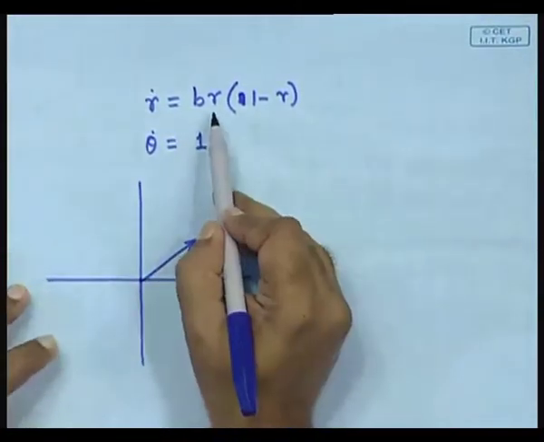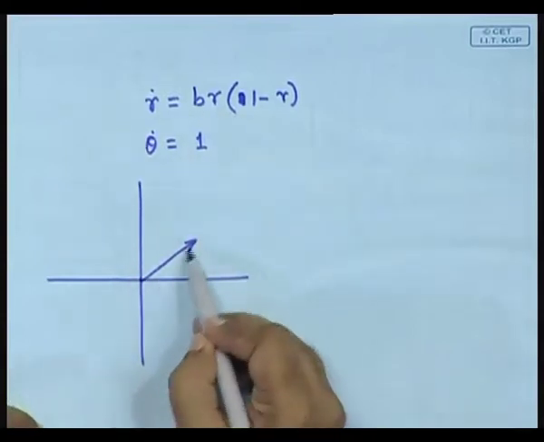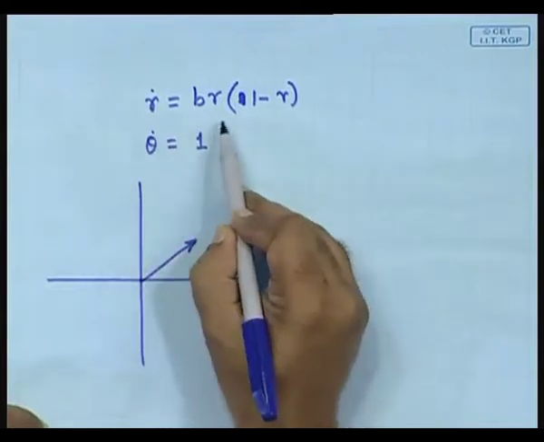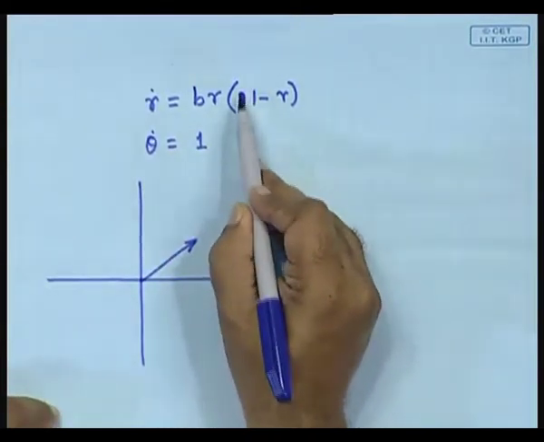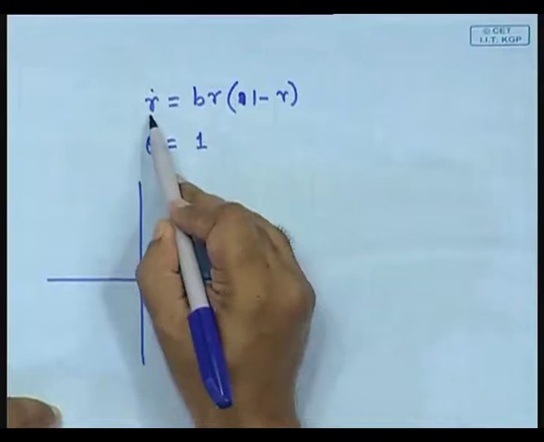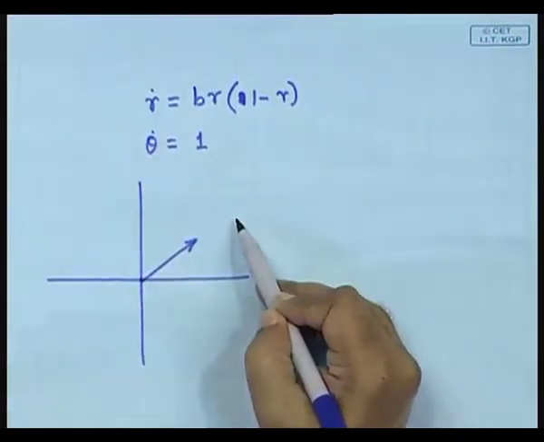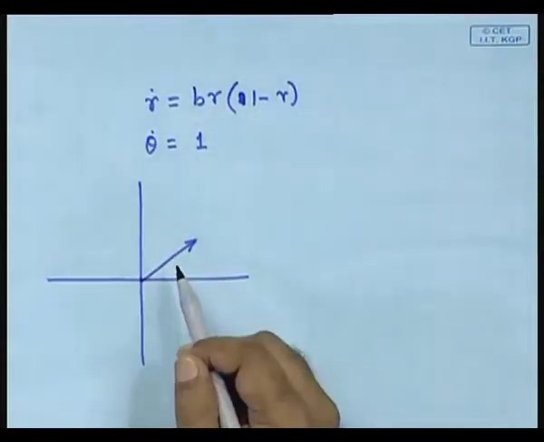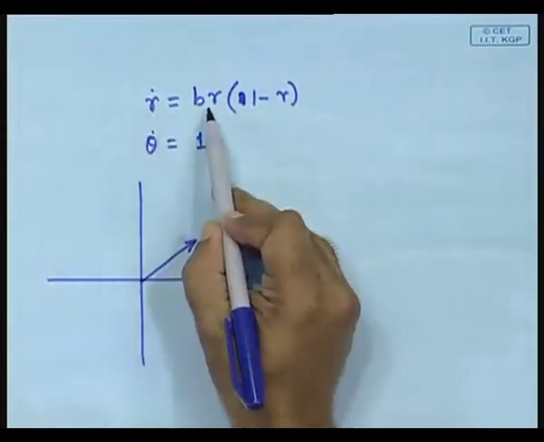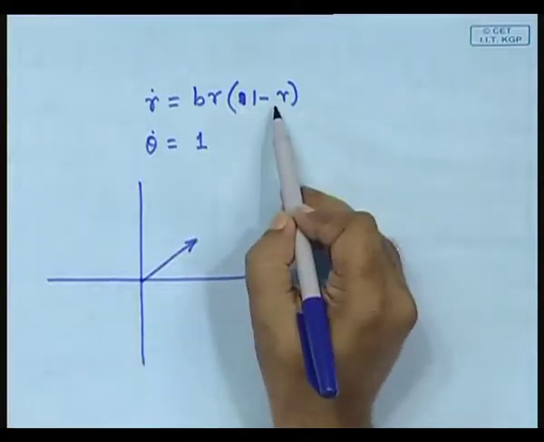Moreover, if r is between 0 and 1, then what is the r dot? Between 0 and 1, this is a positive number, this is a positive number, therefore r dot is positive, which means it should be going out. If r is greater than 1, then what?